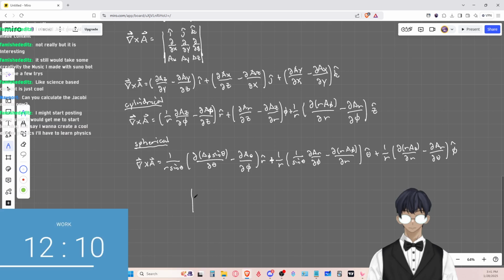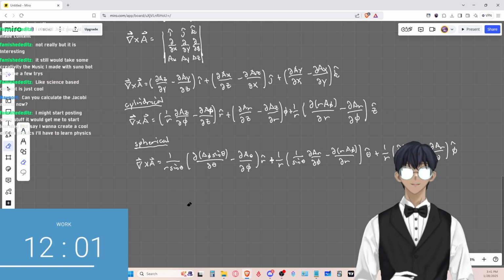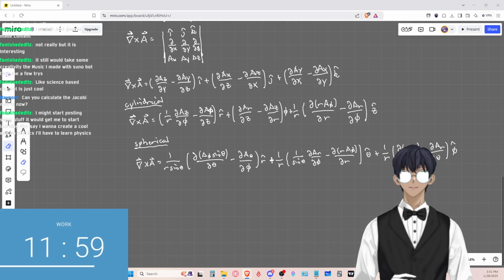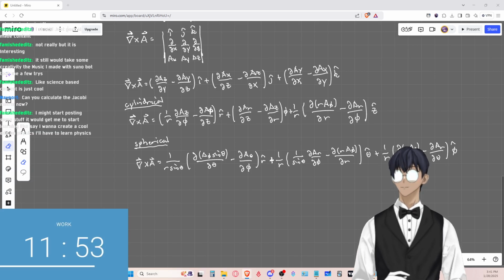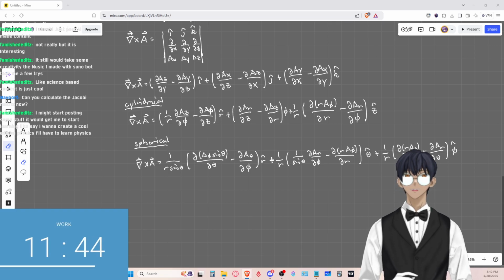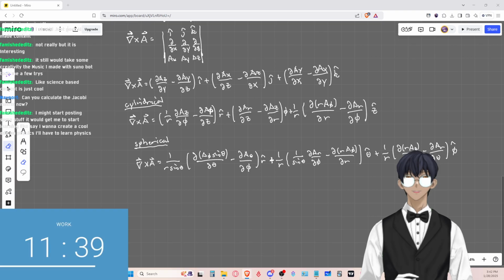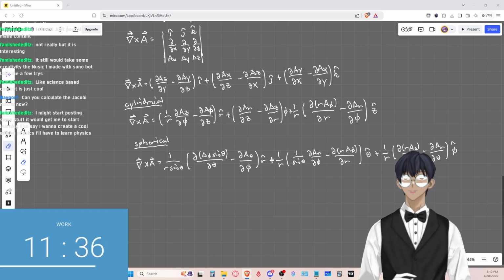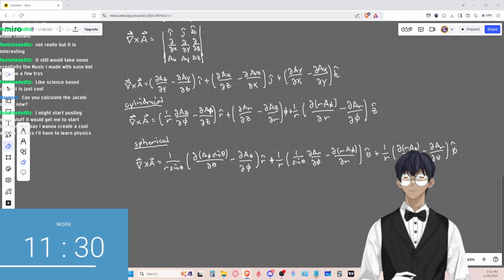So, Jacobian. Let me see its structure so that I don't mix it up. Jacobian matrix, what does that look like? Why are these images so blurry?